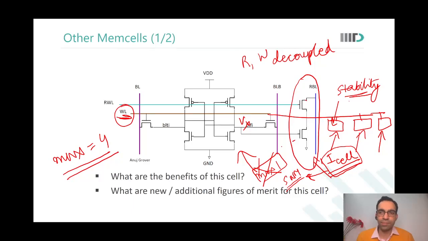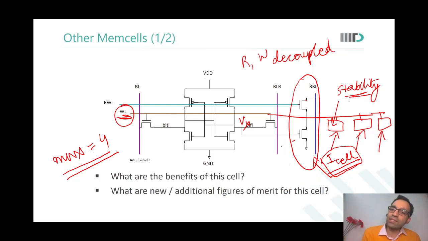So, the new figure of merit, is it the read speed? Read speed or read current, we already had as a figure of merit. Cell current, we already had. But yeah, the new figure of merit is also linked to cell current though.